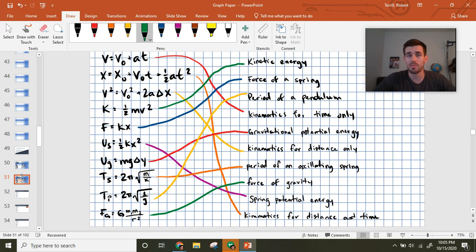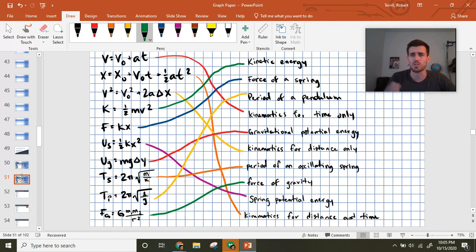Then we have our third kinematic equation, which deals only with distance and has no time in it at all. Then we have kinetic energy. We have the force of a spring. We use this F equals kx equation when we are looking at a system that's in equilibrium, a mass that's just hanging but not bouncing or doing anything from a spring.